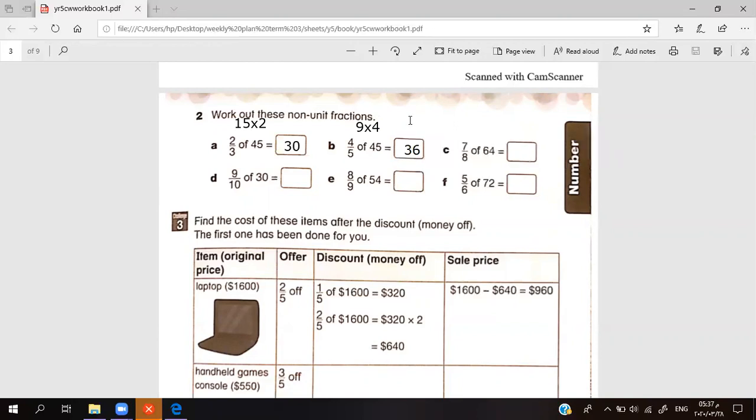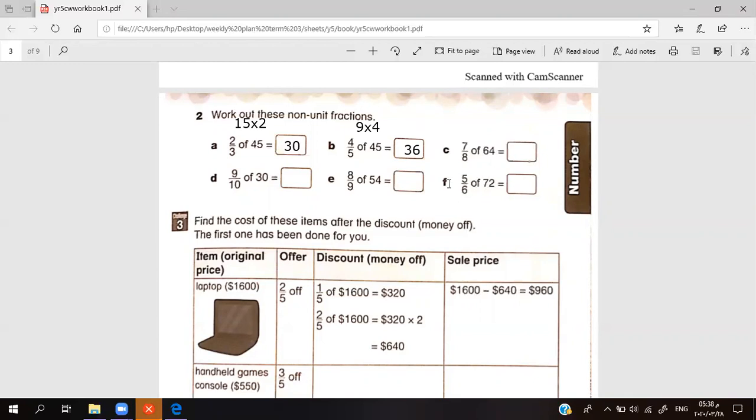Why do I do this? Because when I divide the 45 into 5 parts, each part will be 9. Okay, here he wants 4 parts of the 5. So it will be 9 plus 9 plus 9 plus 9, which is 9 times 4.